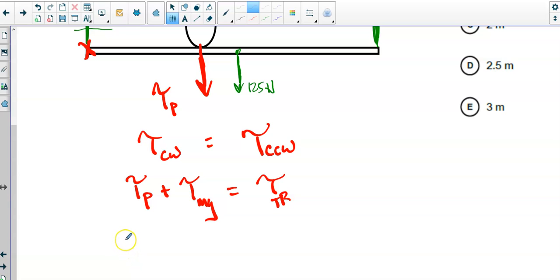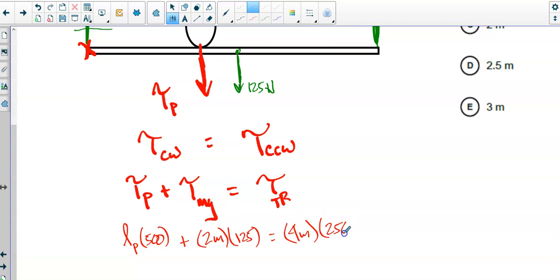So I have a lever arm, which I don't know for the person, so I'm going to call it L. Lever arm for the person times 500 newtons plus 2 meters, half of the board, times the weight of the board, 125 newtons, equals, let's see, the torque by the right-hand chain is going to be 4 meters away, and it's going to be 250 newtons.